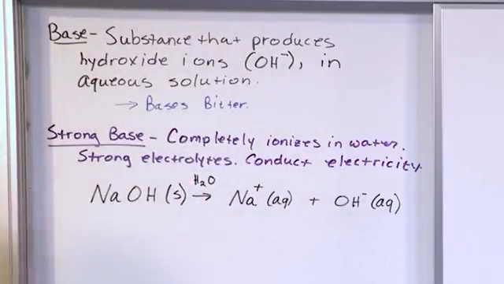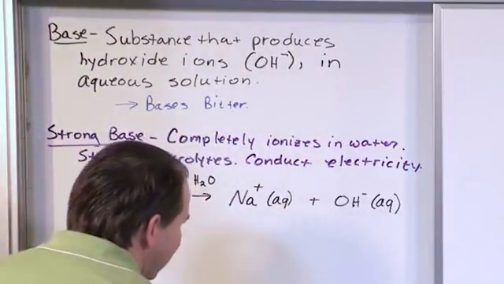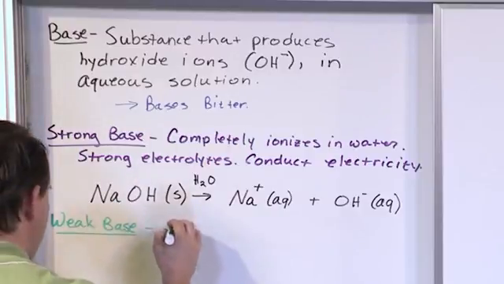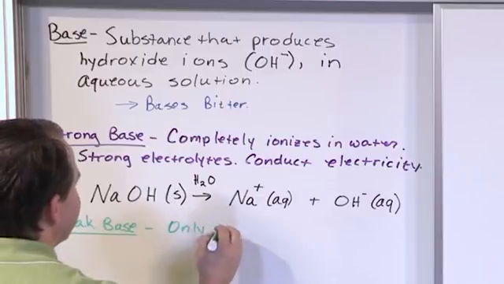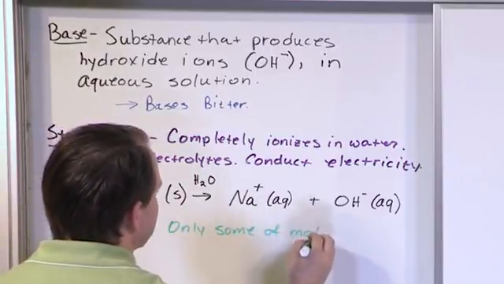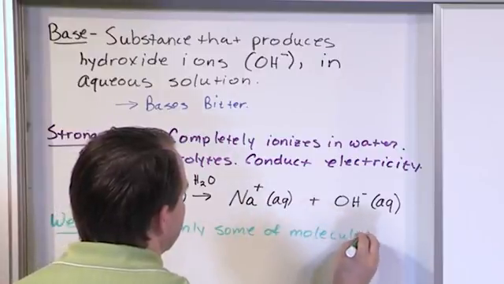So now that we've talked about what a strong base is, notice we're kind of cooking along a little faster now that we've got some of these basic concepts out in the last section. You should already know what a weak base is, just because of the context here. It's basically a base where only some of the molecules ionize.